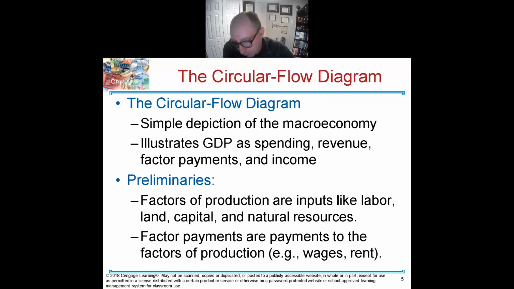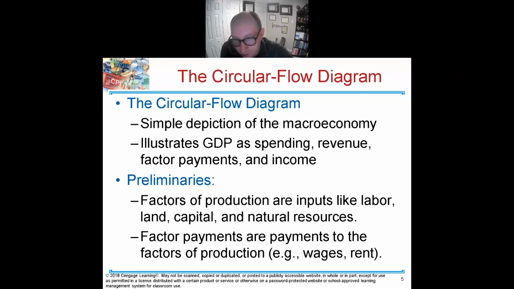Here's a couple of diagrams. For some reason, economists love looking at diagrams. They look at scattergrams, scatter plots. They love circular flow diagrams for some reason. And of course, they like their line graphs and charts, etc. But the circular flow diagram puts it into a nice visual perspective of the gross domestic product for us.